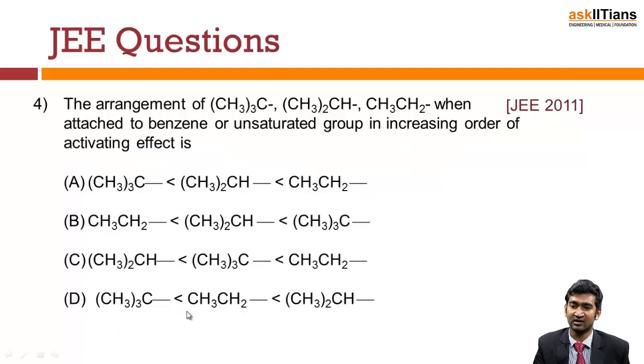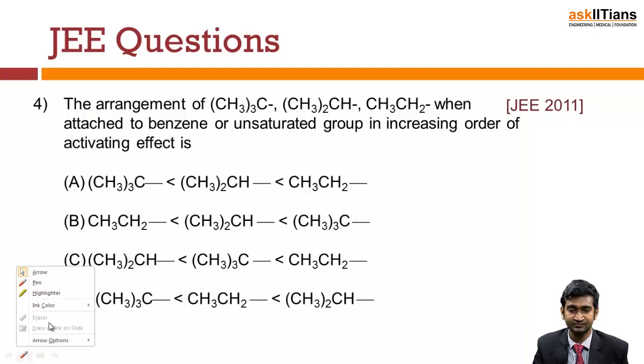Next, this came in 2011. The arrangement of tertiary, secondary and primary alkyl groups, when attached to benzene or an unsaturated group, in the order of their activating effect. It is basically asking you how much plus R plus I effect it is adding to that ring.